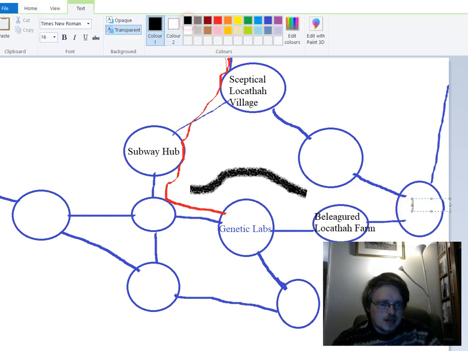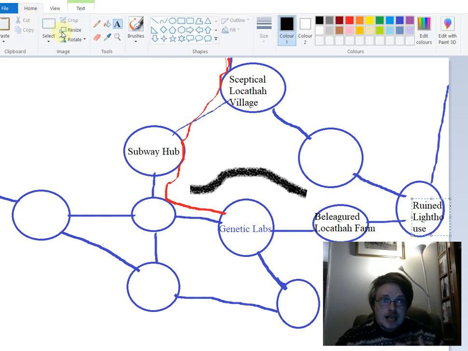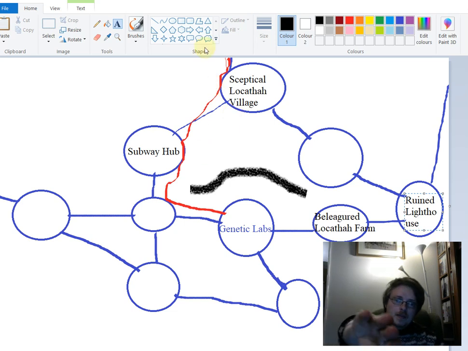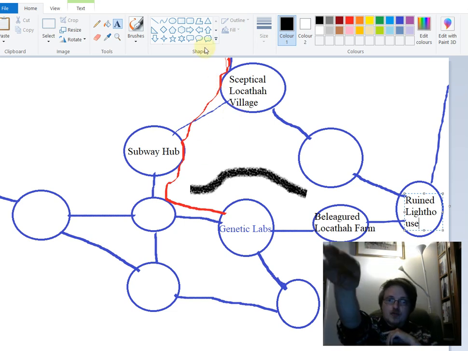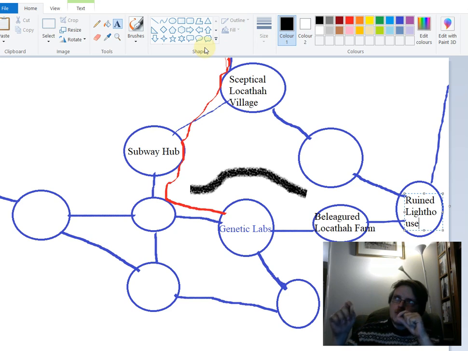Well, let's say over here. Let's start here. This is going to be a ruined lighthouse. So that's again, in this case, a largely above ground location, which I think is going to have Sahuagin in it. And so you've got players being channeled through if they come from the northeast, which is where the human village that you'd start in is.